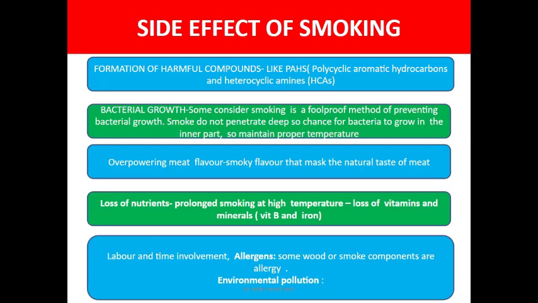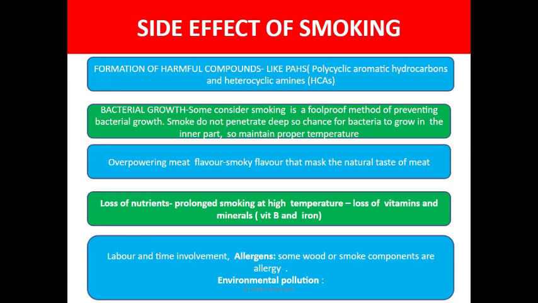The first side effect is formation of harmful compounds like polycyclic aromatic hydrocarbons and heterocyclic amines, PAH and HCA. We already know that these two compounds are carcinogenic and mutagenic also. That is the problem.